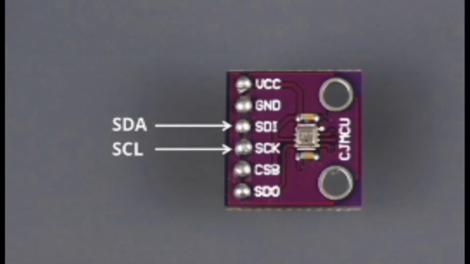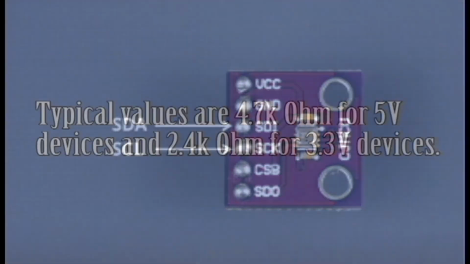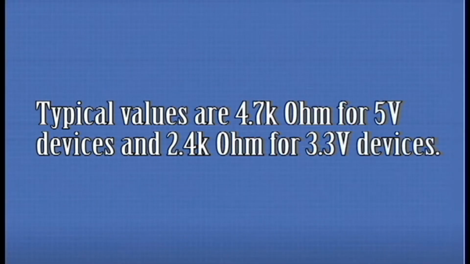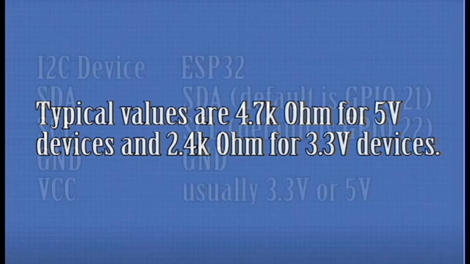The SDA and SCL lines are active low, so they should be pulled up with resistors. Typical values are 4.7k ohm for 5 volt devices and 2.4k ohm for 3.3 volt devices. Most sensors we use in our projects are breakout boards that already have resistors built in. So, usually, when you're dealing with this type of electronics components, you don't need to worry about this.